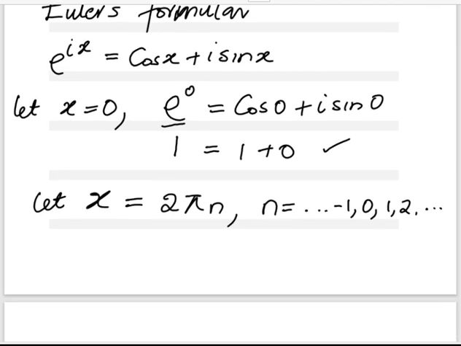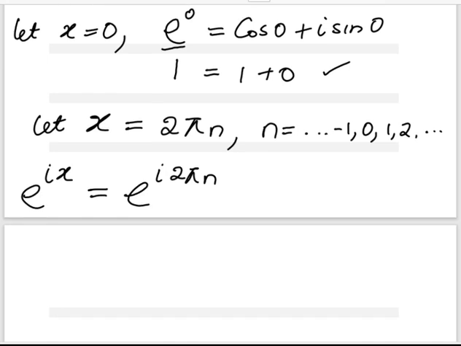Those are the values of n. So we have that exponential ix gives us exponential i 2 pi n. So let's try different values of n.